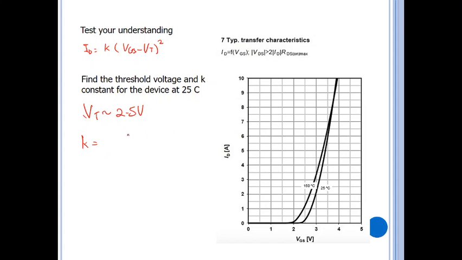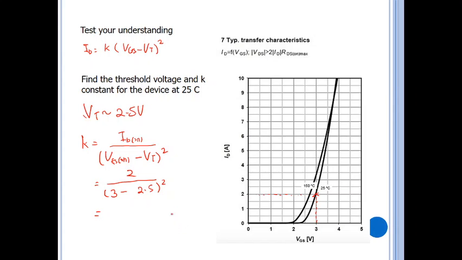So K is ID on over (VGS on minus VT) squared. So we can use this point. At this point, the VGS on is 3 volt and ID on is 2 ampere. So this is 2 over (3 minus 2.5) squared.